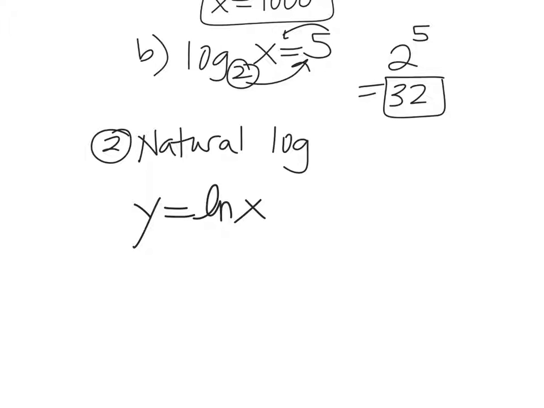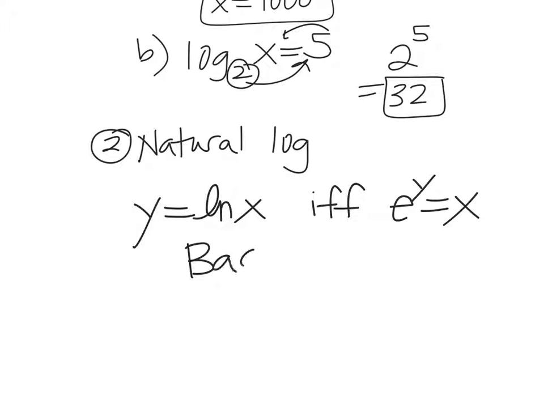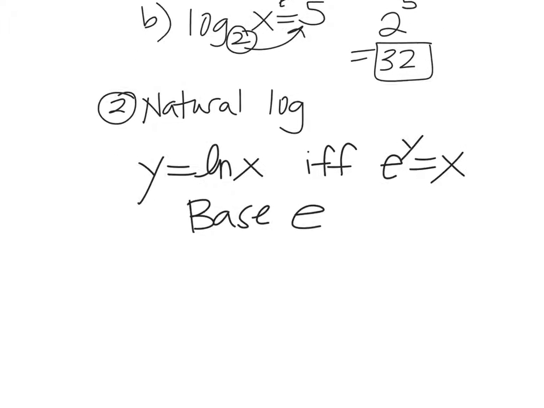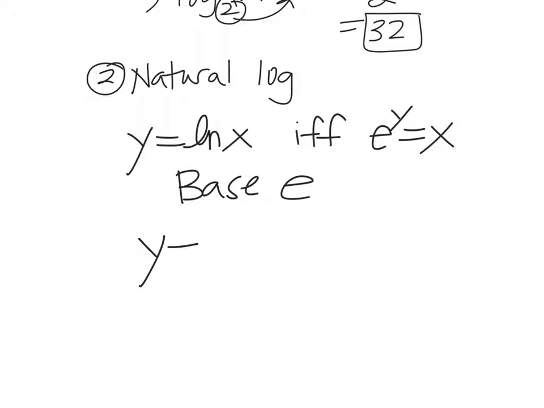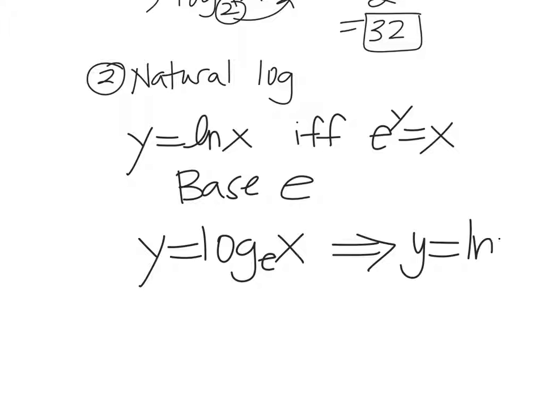Natural log of x if and only if e to the y equals x. Okay? So a natural log has base E. You know, no one writes it like this, but it is log base E of x. Nobody ever writes that, okay? Because this has its own thing. Natural log of x. I usually write L in a cursive so that you don't think it's a 1. So natural log of x.